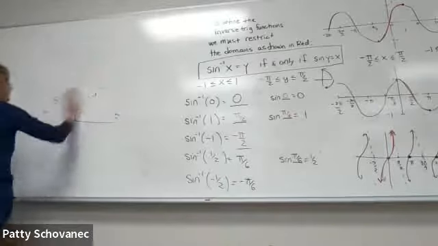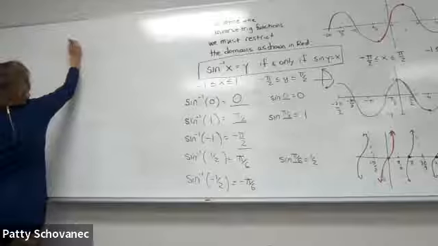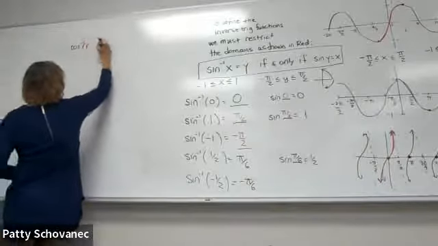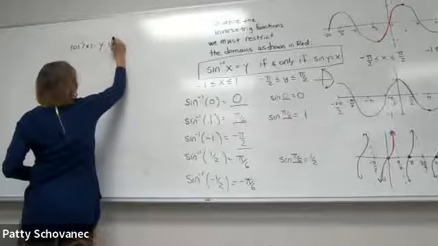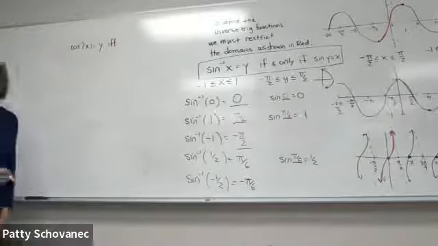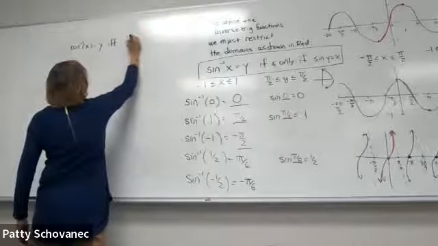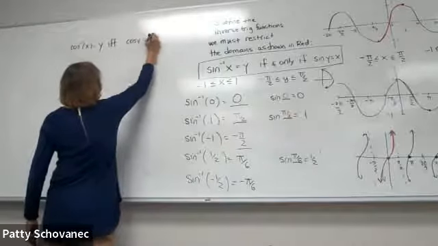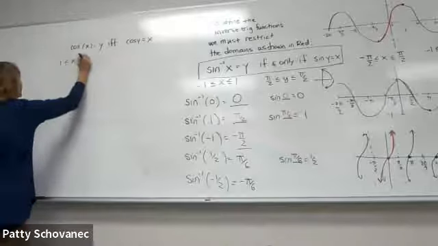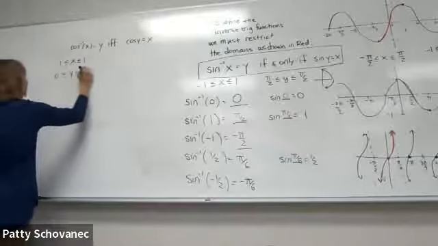I write down the same thing. I write down that the inverse cosine of any input x is a number y if and only if, here's how we abbreviate if and only if, just get rid of the only, squish the ifs together, iff the cosine of that number y is x, where these x's are always between -1 and 1, and these y's lie between 0 and pi.